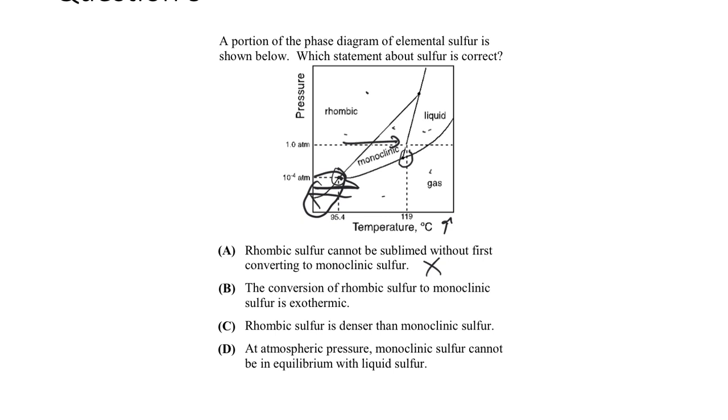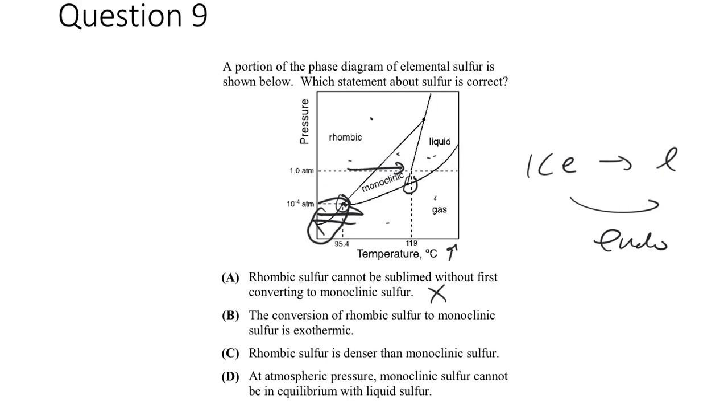So energy has to be absorbed by the process. This is kind of the whole idea that ice to liquid water needs to absorb energy, and that would be endothermic. So this process here is endothermic. So rhombic to monoclinic, needing to absorb temperature to take place, should be endothermic. So I don't think that statement is true.